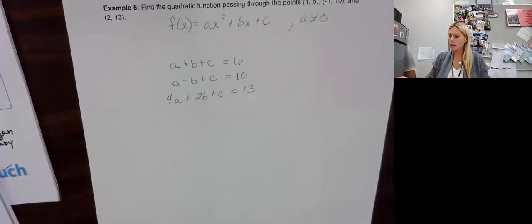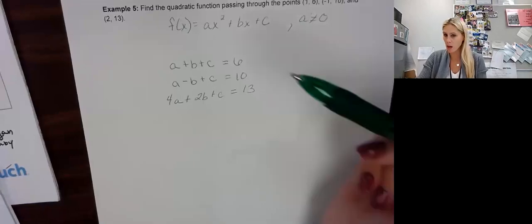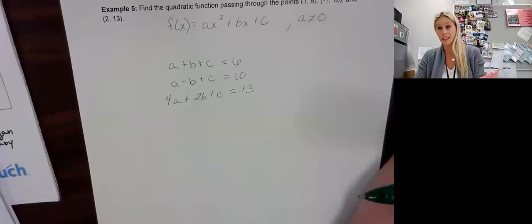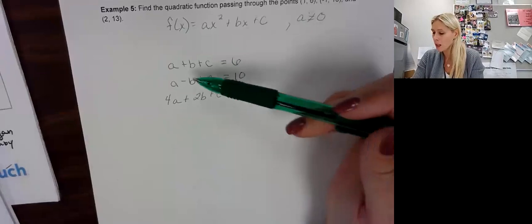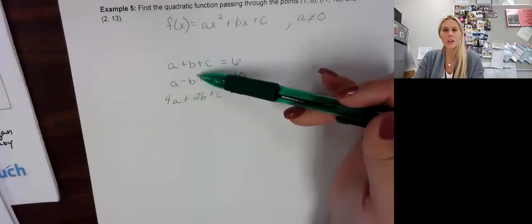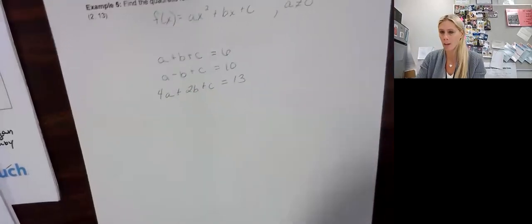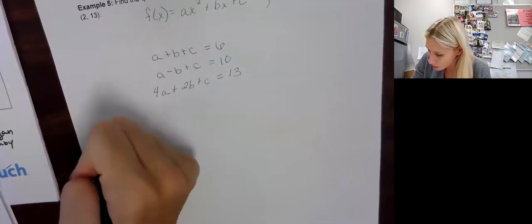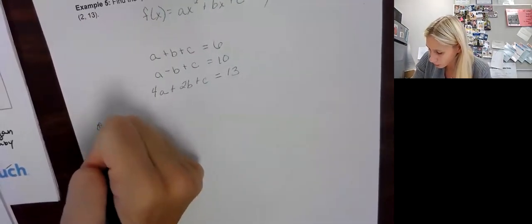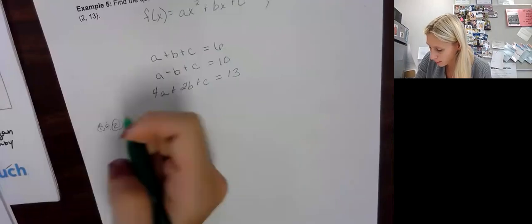Oh, let's see what we can do. Well, a variable that looks very easy to solve for right now, I like adding more than subtraction. I don't know about you. But it looks like if I add the first 2, I can get rid of b. So let me do that on the side. So 1 and 2, so you keep note of what you're doing.